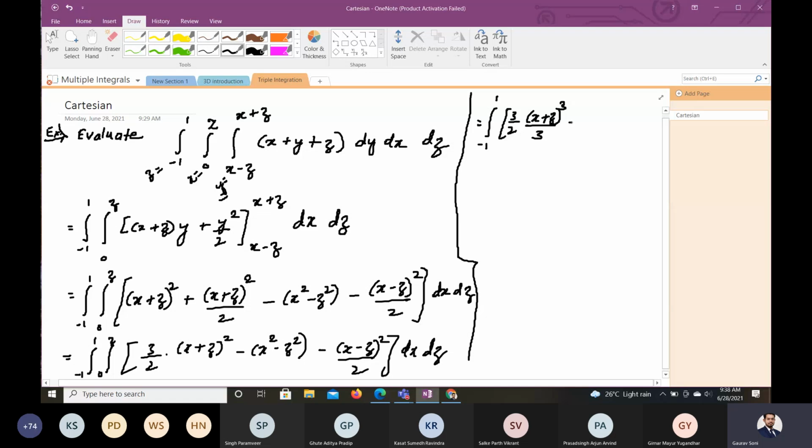So this will be minus x cube divided by 3. This will be plus z square, so we'll have plus z square x. And the third term is minus of x minus z whole cube divided by 3 actually. So 3 into 2 is already there, so this will become 6. Limit from 0 to z, dz.